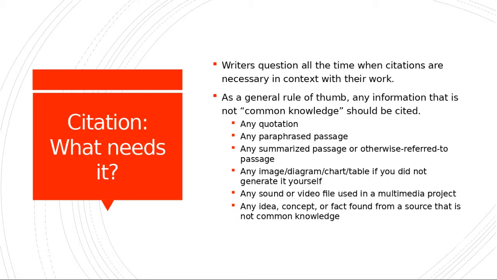So let's go on and talk about what needs citation. Writers question all the time when citation is necessary in context with their work. As a general rule of thumb, any information that is not common knowledge should be cited.